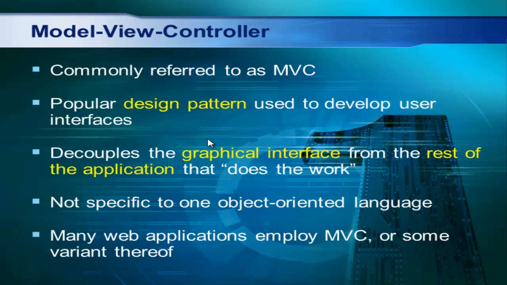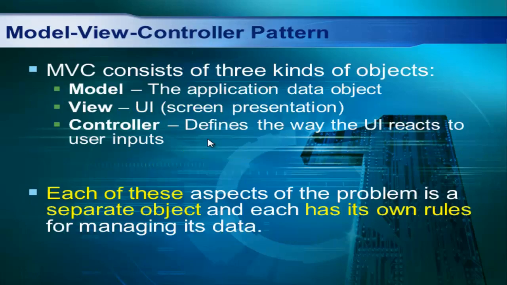So what they said is separate the model, separate the view, separate the controller. Now what is this model, what is this view, and what is this controller? These are three pieces of the MVC. Model represents your data within your application, as well as the methods that are used to manipulate that data.